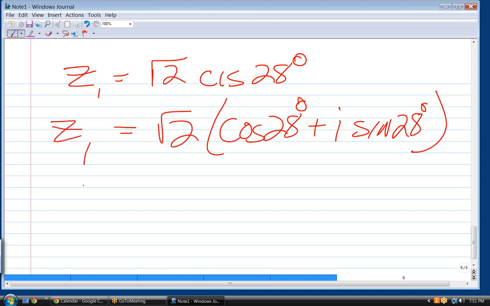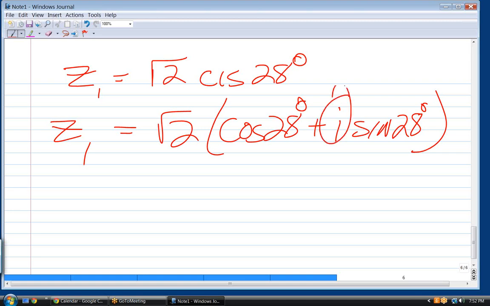Okay. Is that what trig form is? This is the polar form of a complex number, or the trig form of a complex number. They both mean the same thing. Okay. Polar and trig form of a complex number.